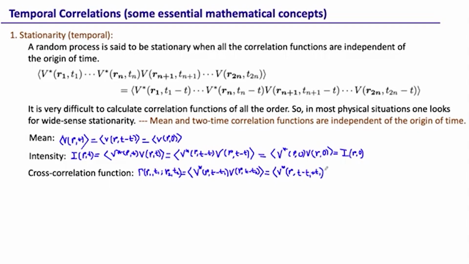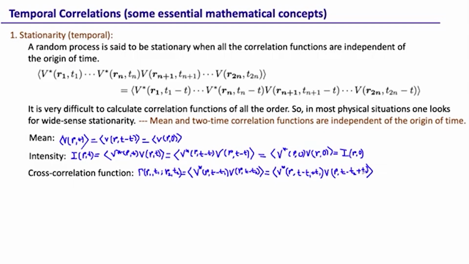Similarly here, V (r, t minus t2 plus t1). So here I have added plus t1 in this one, and again plus t1 in this one. It should not matter at all as long as it's the same quantity being subtracted or added.